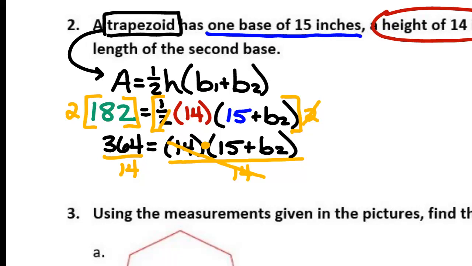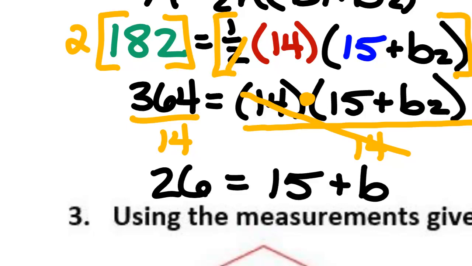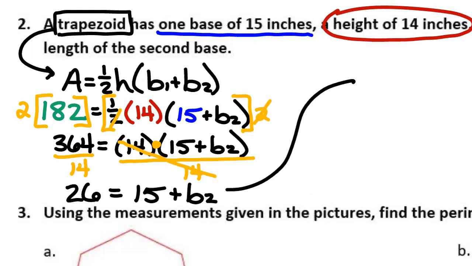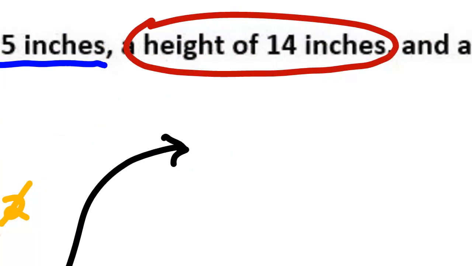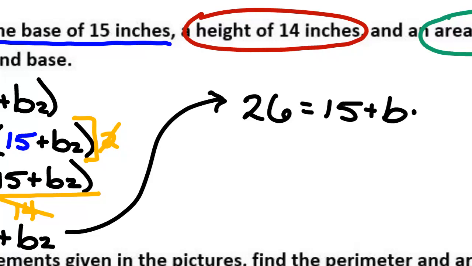364 divided by 14 is 26. So 26 equals 15 plus base 2. I don't need the parentheses around that anymore because there's nothing else on that side of the equation. To get base 2 isolated, now I just need to subtract 15 from both sides.